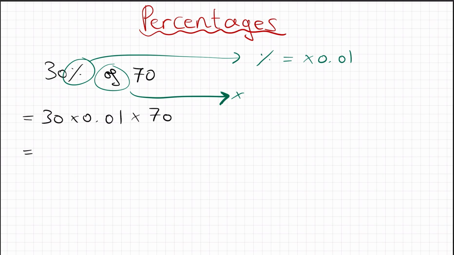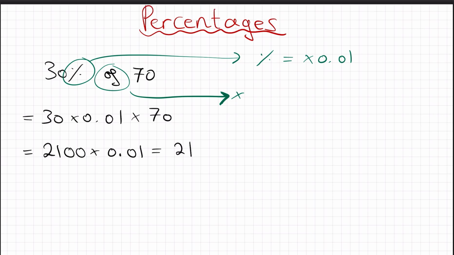I'm not actually too sure what this is going to be, but we can say this is going to be 2100 times 0.01, which is equal to 21. So there's our answer, 21.